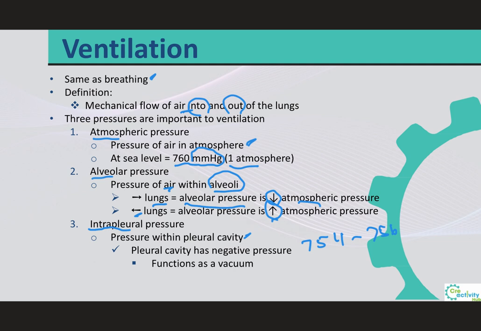Now, because the pleural cavity has a negative pressure, it essentially functions as a vacuum. This mechanism of suction actually holds the lungs against the chest wall to form what we call the lung-chest wall system. And this just means that if the thoracic cavity increases in size, then the lungs also expand.